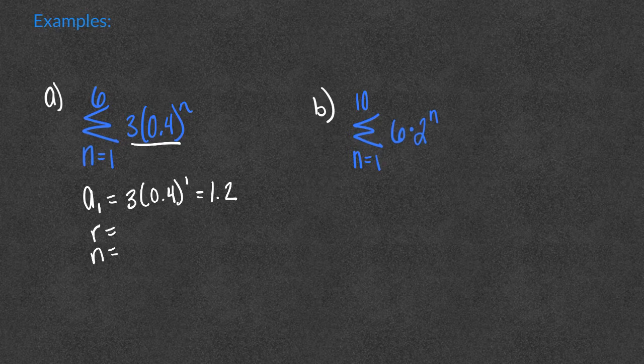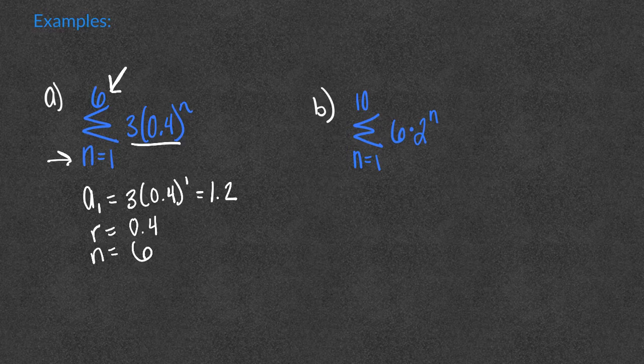Now r, remember, is your common ratio, it's your multiplier, and this time it is 0.4 or 4/10, and n is the number of terms that I'm looking to add together. So to go from 1 to 6, so I'm starting at term 1 within the sequence, and I'm going to stop at term 6, so therefore that's going to be 6 terms within that sequence.